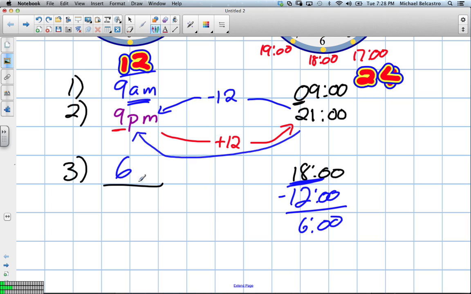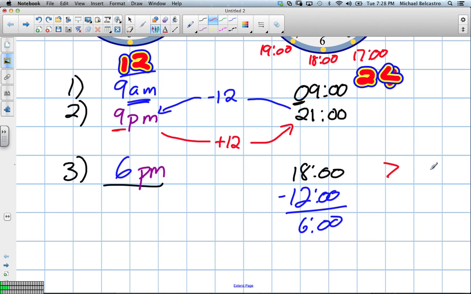Are we in the AM or the PM here? No, PM. That's right. So we know that it deals with the afternoon. Anytime we have a number higher than 12, you've seen that greater-than sign before? Anytime we're greater than 12, we're in the PM. All right, so we'll keep that in mind.